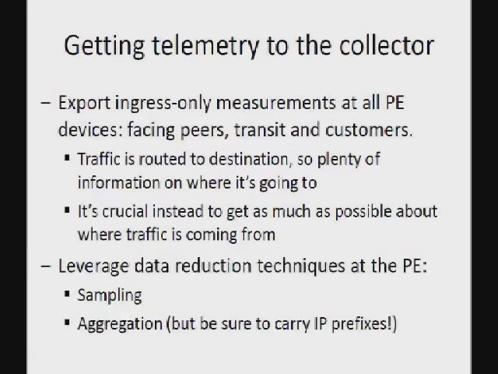But be sure that you carry IP prefixes, source and destination IP prefixes. And why is that? Because you can still be lending part of your IP address space to customers or to other people. And in that case, if you are aggregating and also removing the IP prefixes, then you don't know anymore where traffic is coming from or going to, or you have only a very rough indication of that.